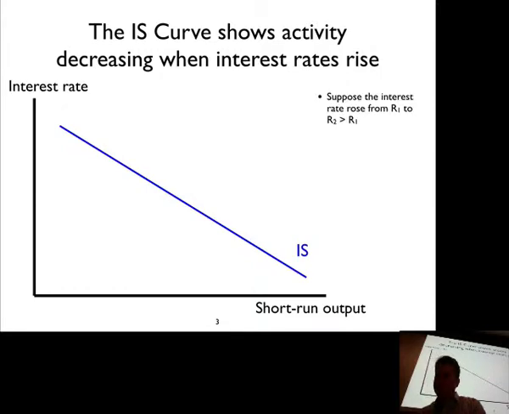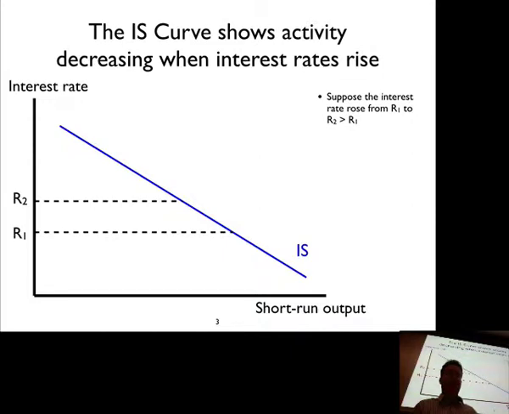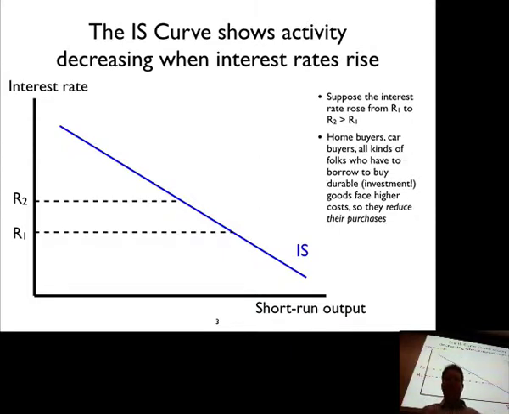And this downward sloping relationship just says the following, that if the interest rate were to rise from some level R1 up to R2, then the story is that demanders in the economy who are sensitive to interest rates, and these are a lot of people, new home buyers, also people who maybe have adjustable rate mortgages might react to this too.